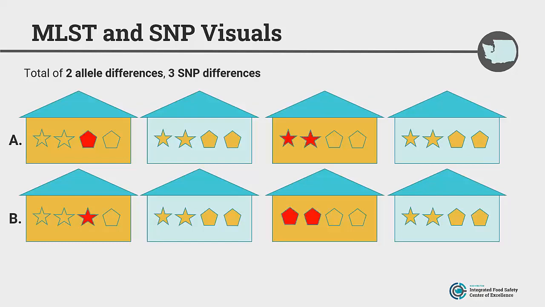And then if we add on the coloring for our SNP analyses, you can see that there's 1 SNP difference within that first gene, but there's 2 in the second gene. So we have a total of 3 SNP differences, but only 2 allele differences, because when you're looking at the alleles, you're just looking at a yes, no, same or different versus how different.